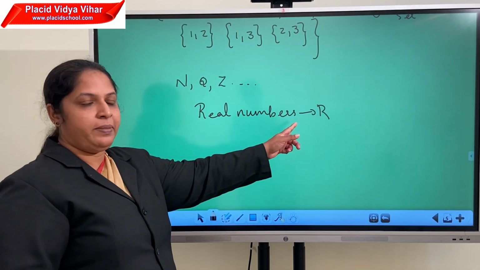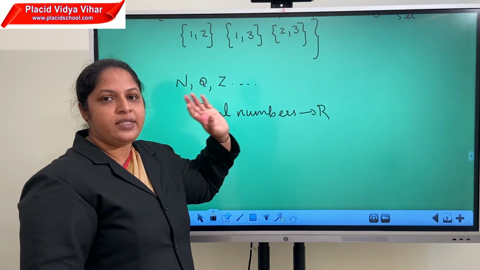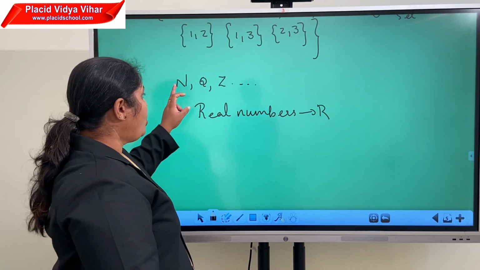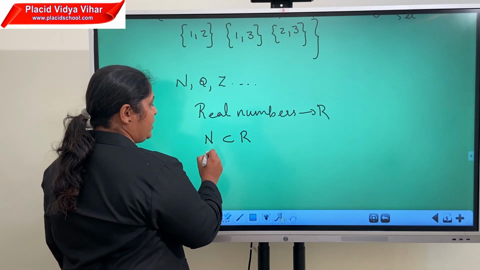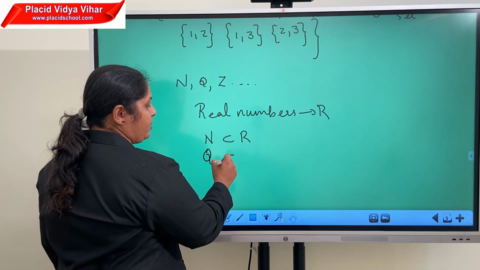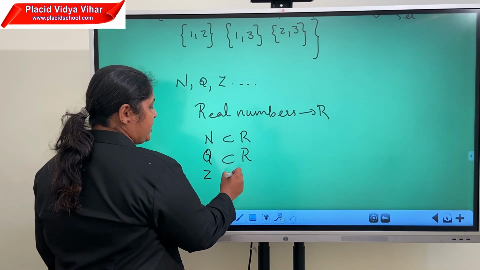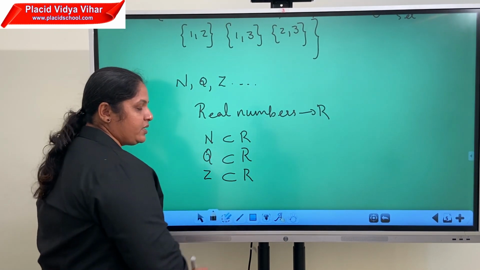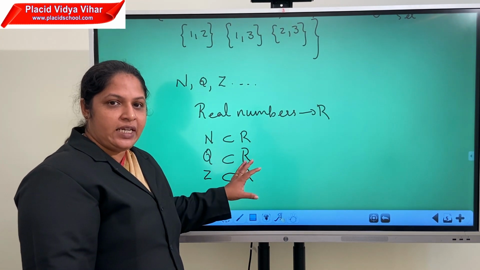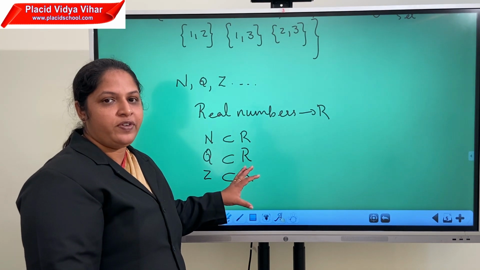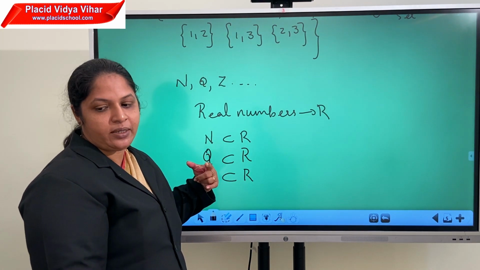The set of real numbers means all these sets belong to the set of real numbers. The natural numbers are a subset of the real numbers, the rational numbers are a subset of the set of real numbers, and the integers are a subset of the set of real numbers. So the biggest set or a basic set, in which there are many subsets, is known as a universal set.